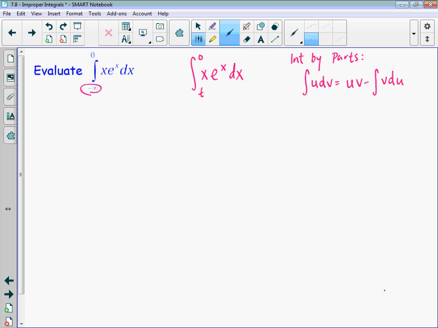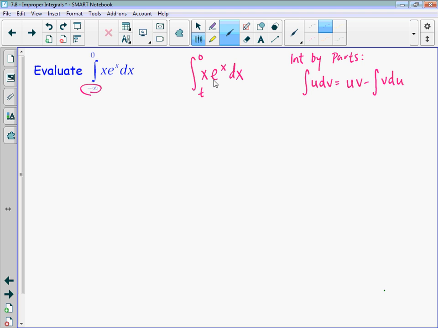Okay, so you might want to write that down just as a little refresher. Yep, so it's the integral of u dv, and that equals u times v minus the integral of v du. Okay, so we're going to use that here.